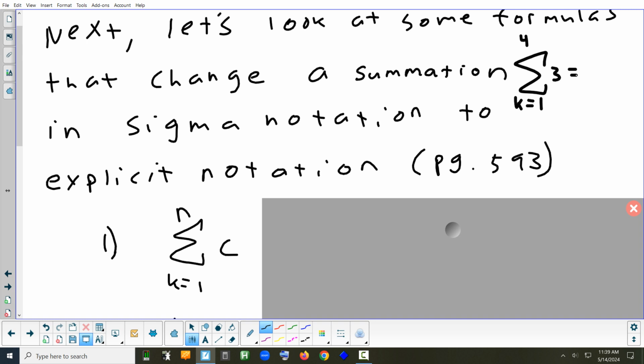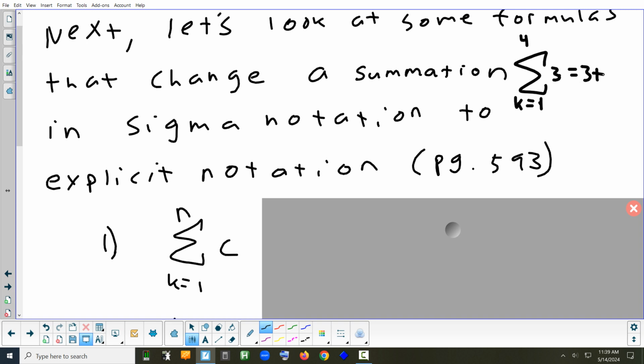It's a constant. There's no variable. So if you take 1 and plug it into this formula, what do you get for your first term? Just 3.